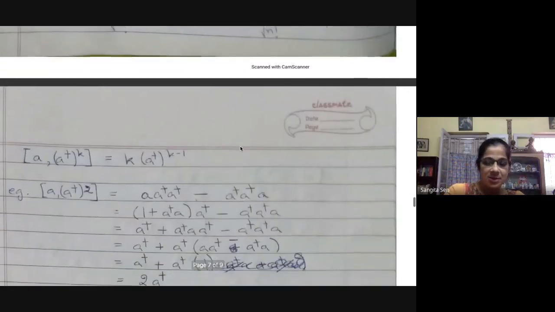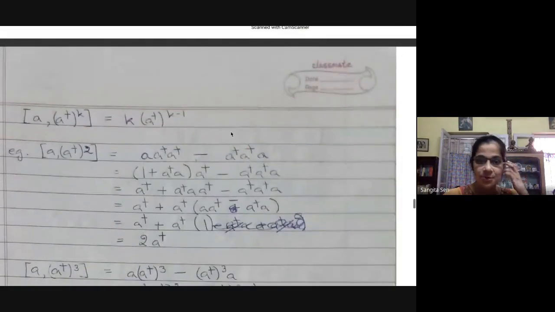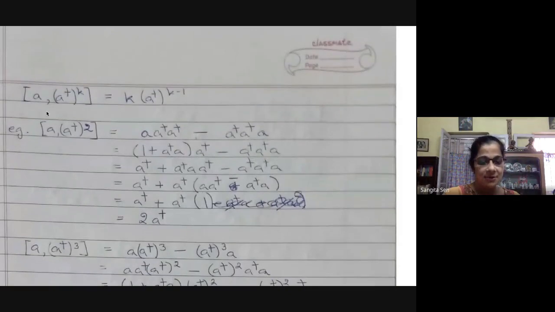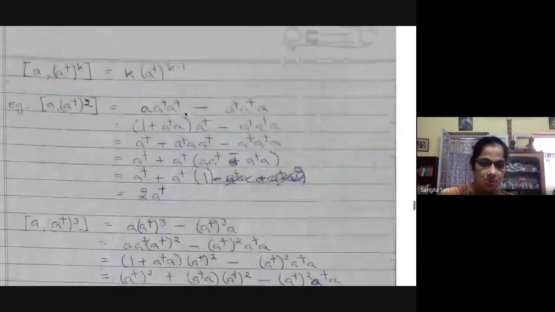Now, I just spoke about what we did here, but if you're not comfortable with that, I have worked it out afterwards. So if you want to find the commutator of A with A dagger raised to the power k, which is a string of k A daggers placed one after the other, it can be shown that the commutator value is k A dagger to the power k minus 1.